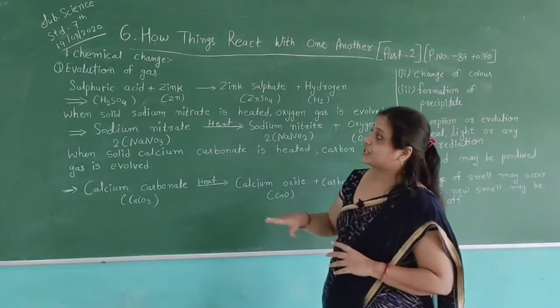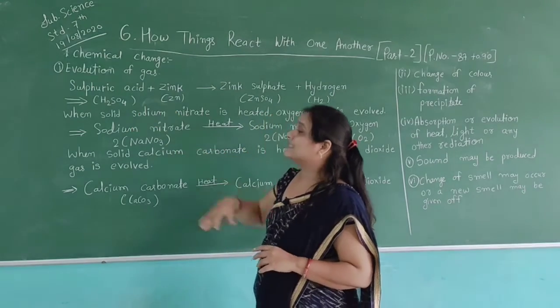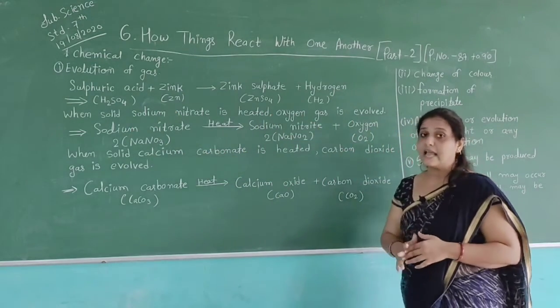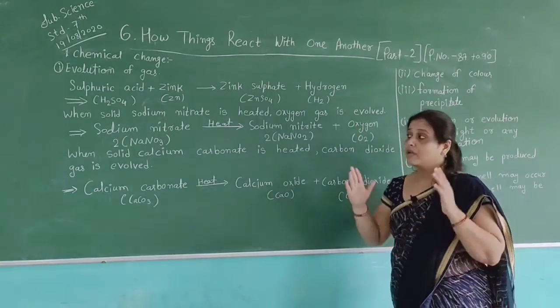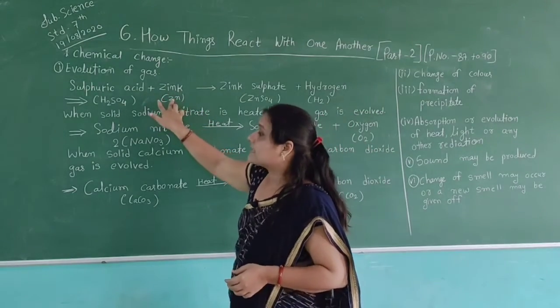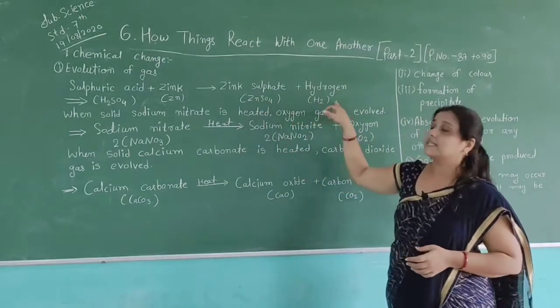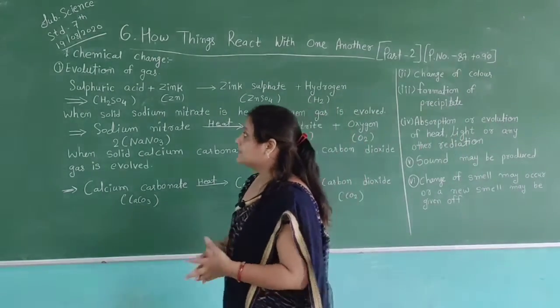H2SO4 for sulfuric acid, Zn for zinc, ZnSO4 for zinc sulfate, and H2 for hydrogen. When these two substances react with one another, we get zinc sulfate and hydrogen. It forms new types of substances.